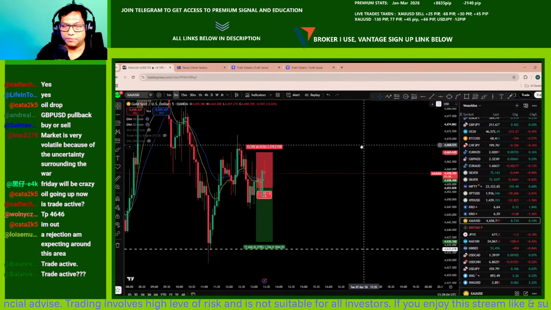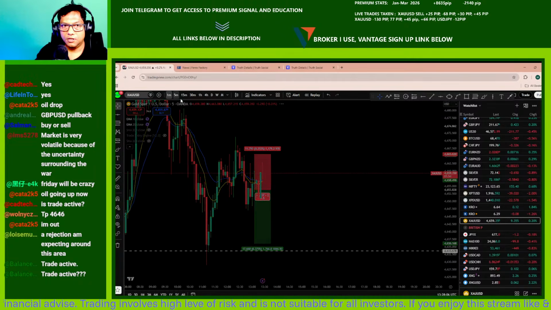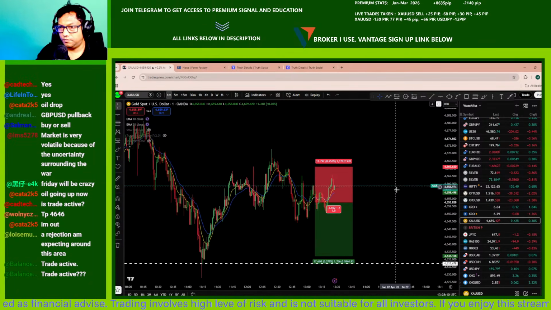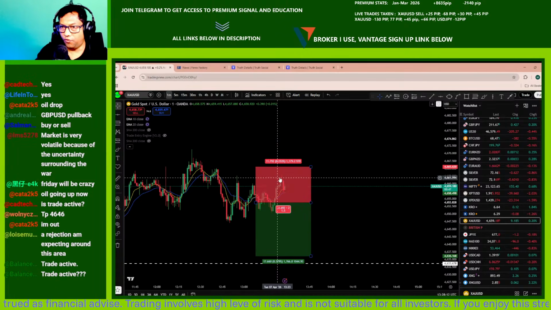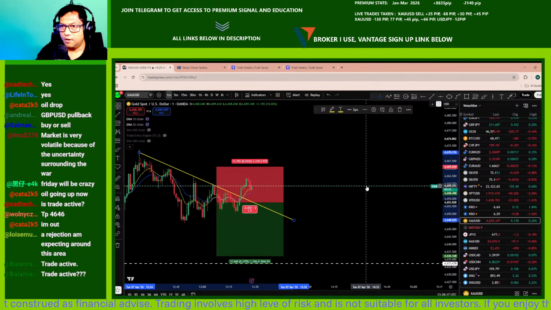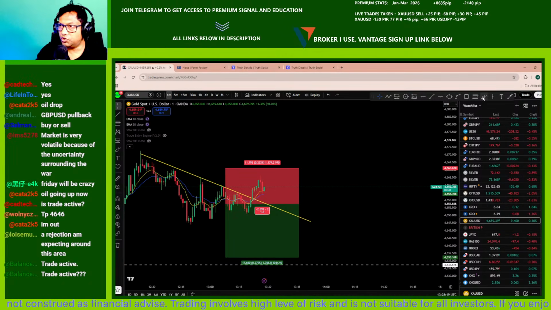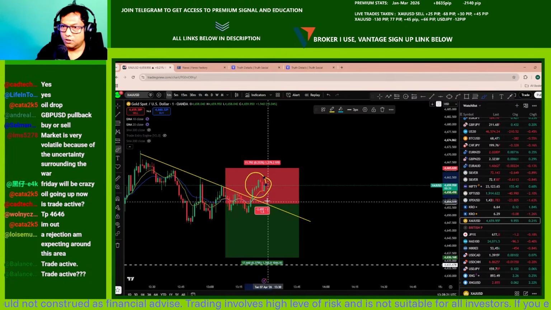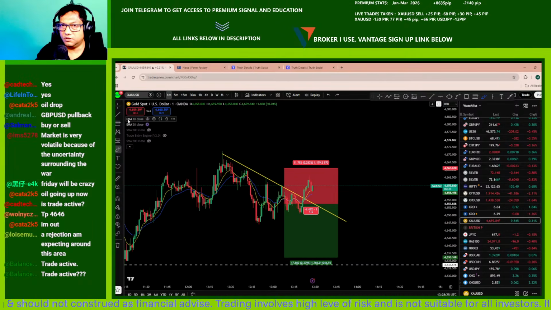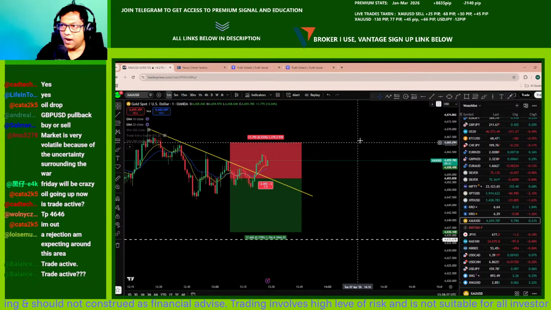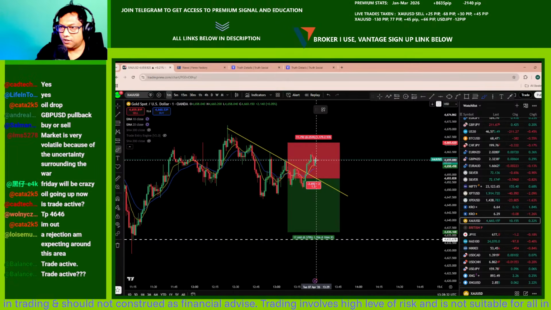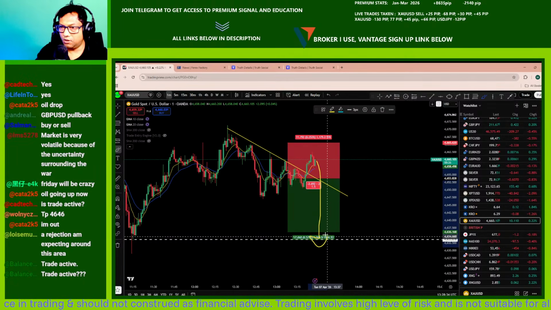There are quite a few gaps opening as well, you can see along the way. If there is a false breakout, you see that there is a trend line here, and off this trend line, if it is a false breakout, we could see the market coming here. But if it isn't, then after this trend line break, we could see the market come back below here.